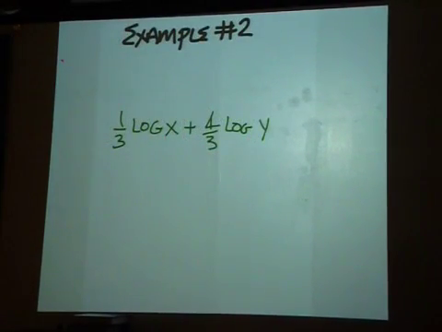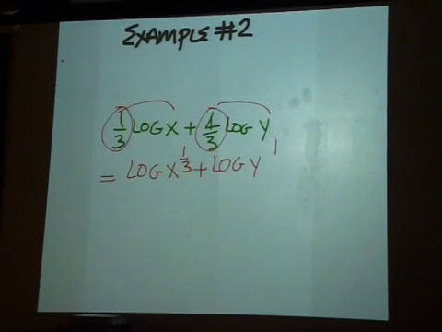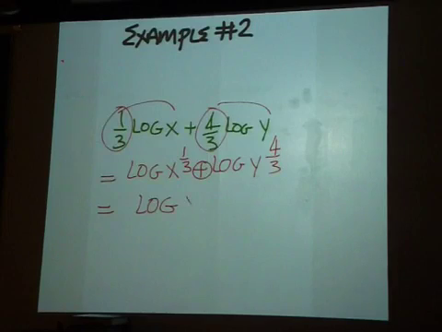We want to condense this logarithmic expression. We first move the coefficients on the logs back to the variables as exponents. Log x to the 1/3 plus log y to the 4/3. Next, since we have plus in the middle, we can make it just one log as multiplication. Log x to the 1/3, y to the 4/3.